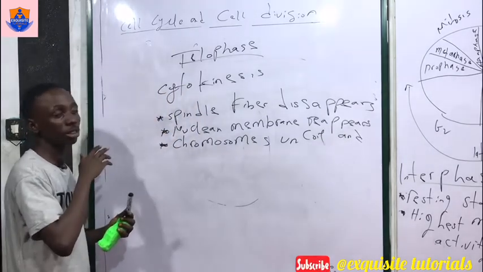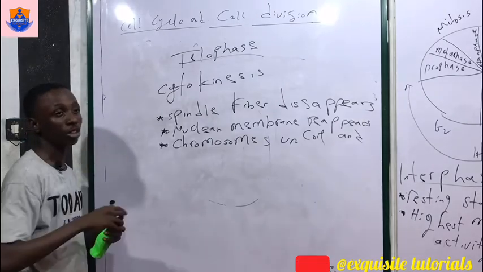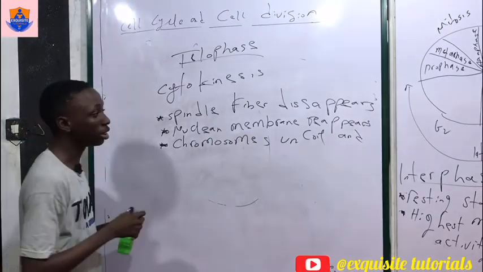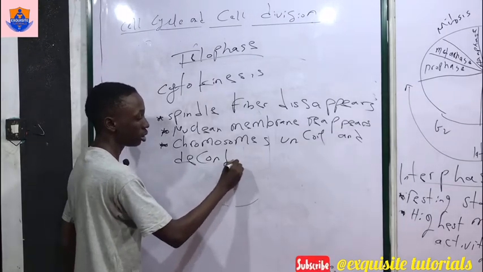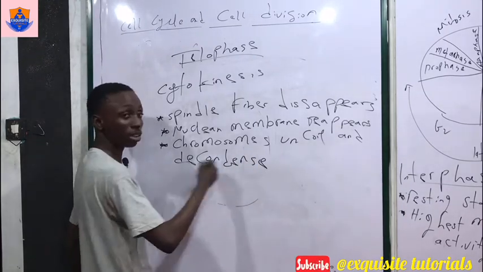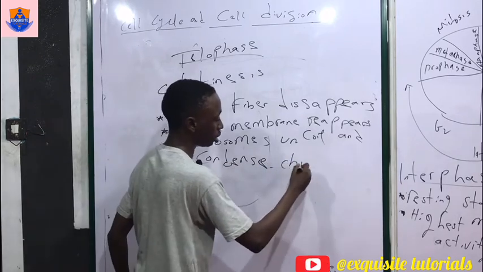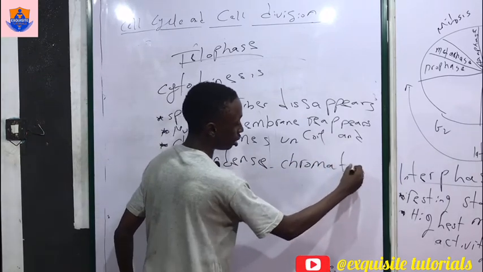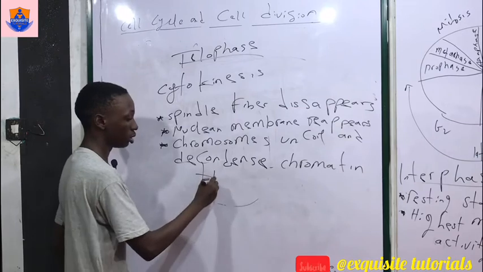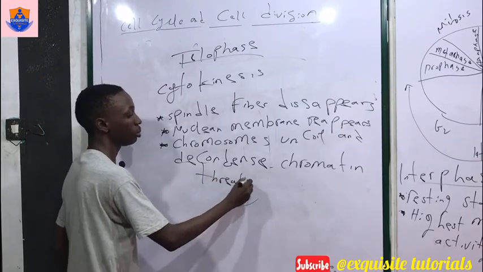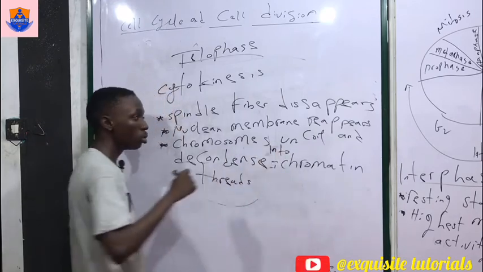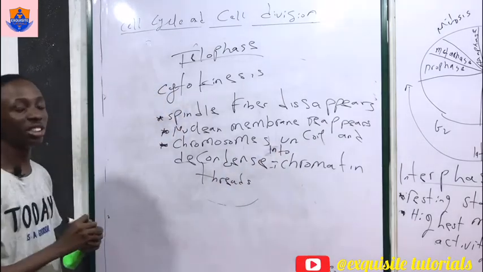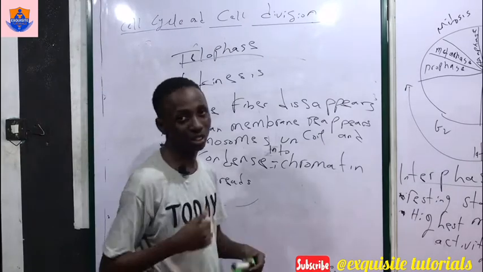Remember we said during prophase the chromosomes condense; now they decondense back into chromatin threads. Now note, after the telophase stage, the cell immediately enters the interphase stage again.